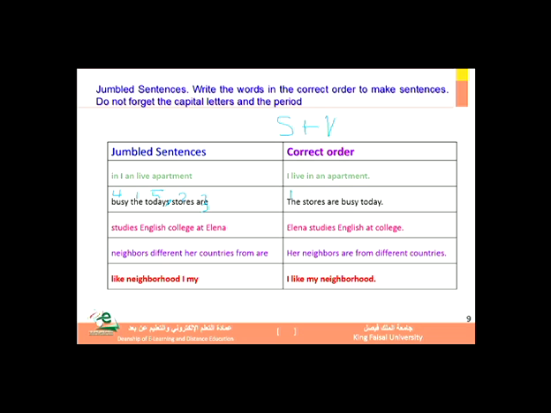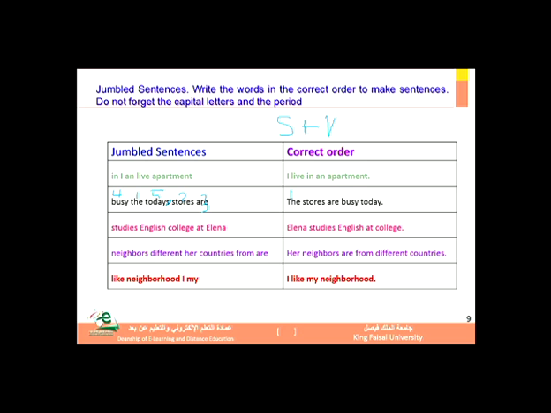Following the subject, there should be the object. If the sentence has an object, the object comes after the verb. So if you look at this example, I live in an apartment. There is no object here, but we have a prepositional phrase. Preposition, then a noun. The stores are busy today. Elena studies. What does she study? She studies English.